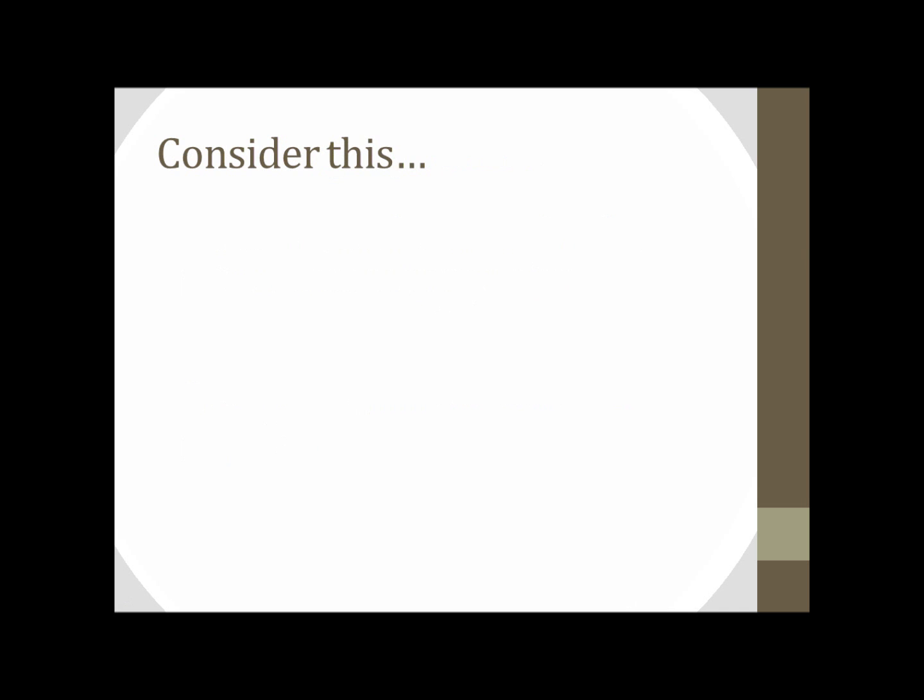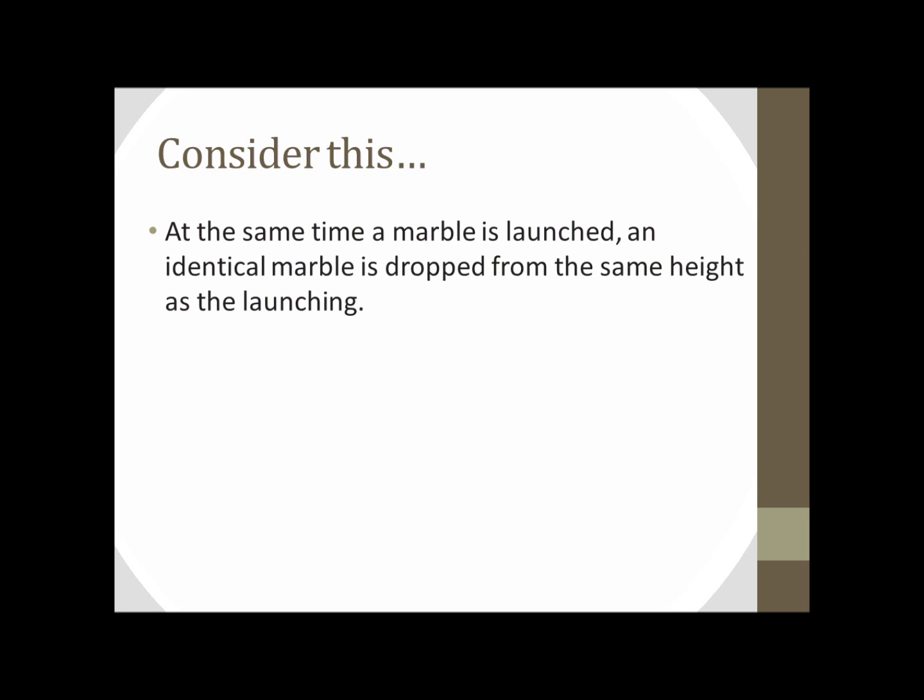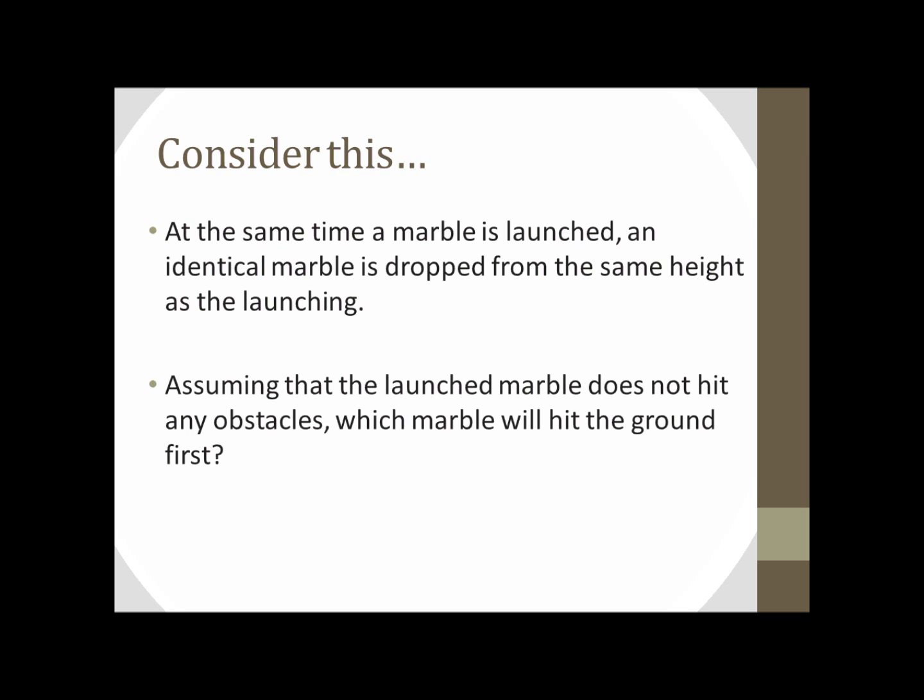So consider this. At the same time a marble is launched, horizontally specifically, so launched horizontally, an identical marble is dropped from the same height. This is the demo from class. Assuming that the launched marble does not hit any obstacles, which marble will hit the ground first?